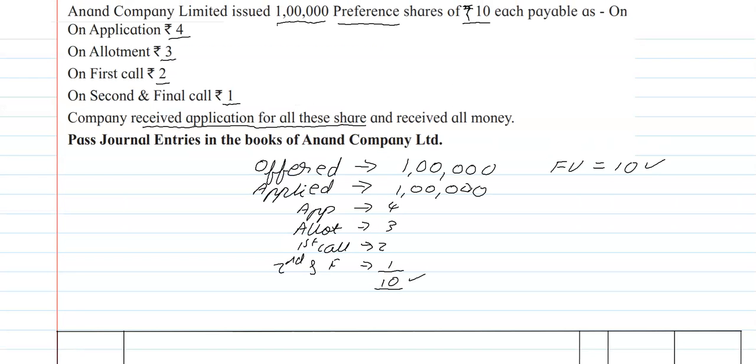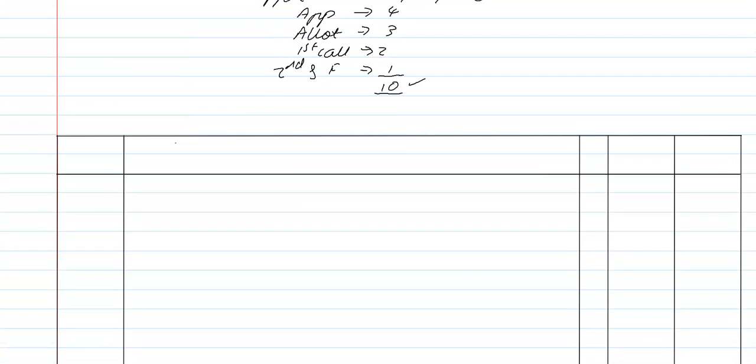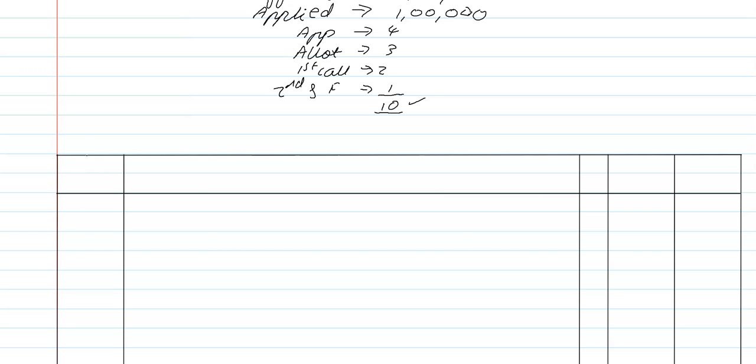The name of the company is Anand, so we can say journal entries in the books of Anand Company.